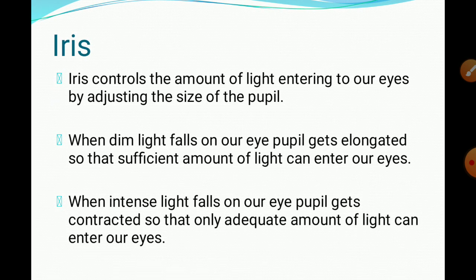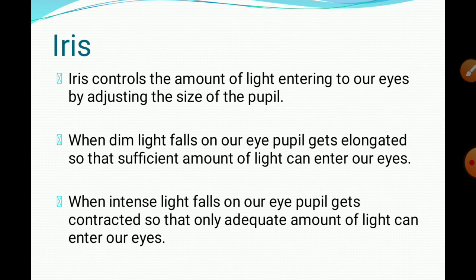Now, what is the function of iris? Actually, iris controls the amount of light entering into our eyes. How? By adjusting the size of the pupil. When dim light falls on our eyes, the pupil gets enlarged so that a sufficient amount of light can enter into our eyes.